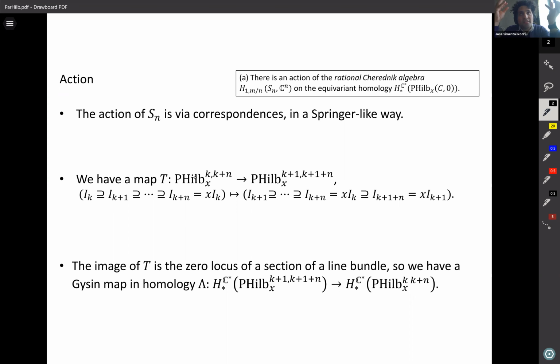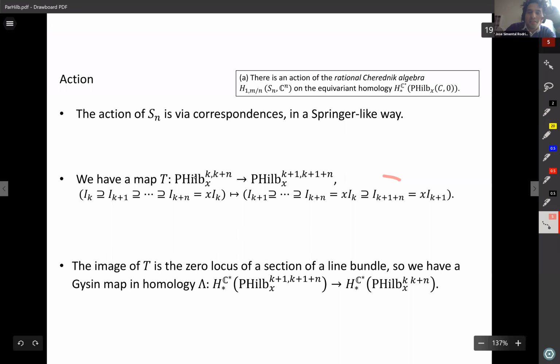Now, this T is definitely not invertible. However, it is an isomorphism onto its image. Its image is given by those chains of ideals where the next to last ideal is divisible by x. Then I can just divide the last two ideals by x and move them back to the left.